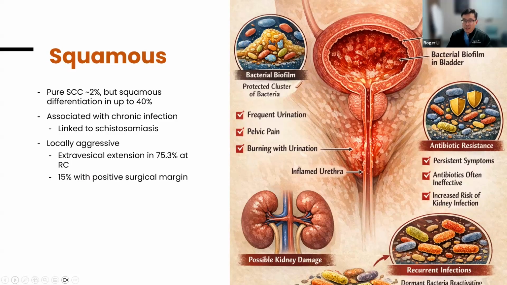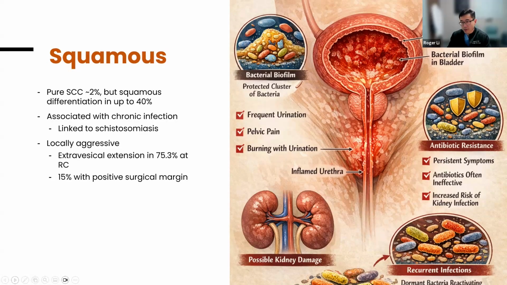So these tumors tend to be locally aggressive. What that means is that they tend to invade outside of the bladder itself rather than spawning off micrometastases to other parts of the body. And so at the time of radical cystectomy, more than 3/4 of these tumors will actually be found to have extravesical or extra bladder invasion.